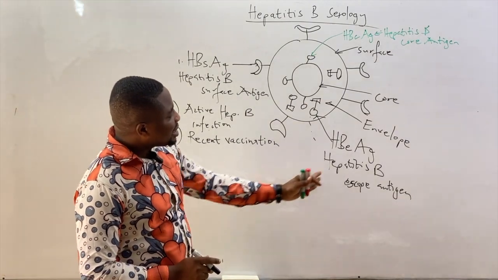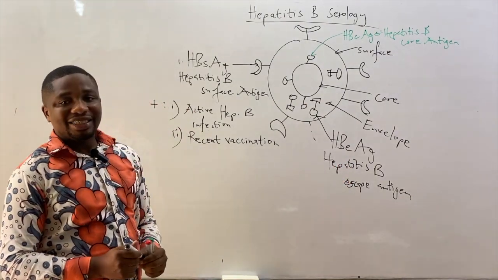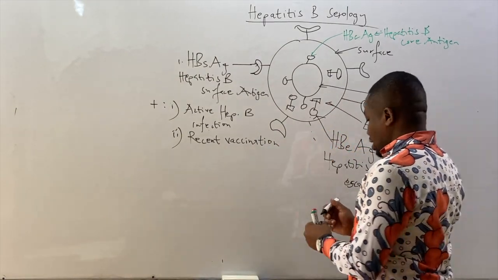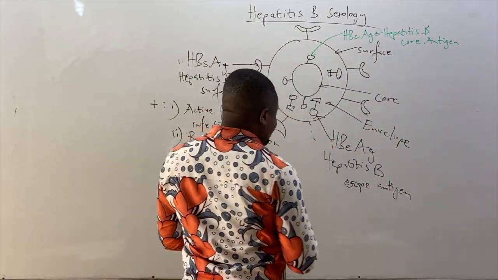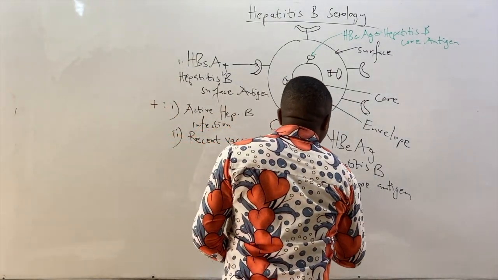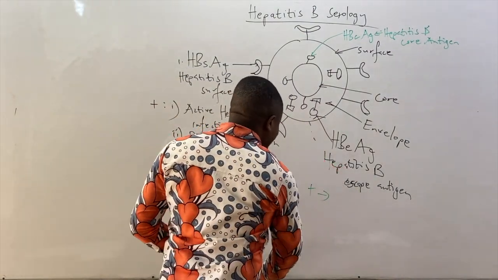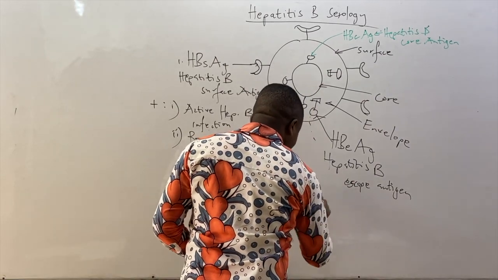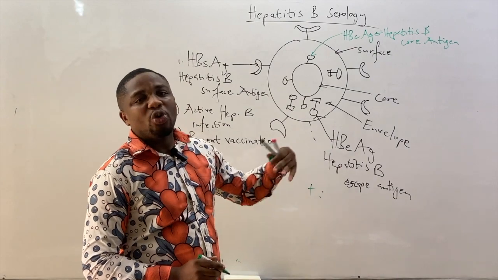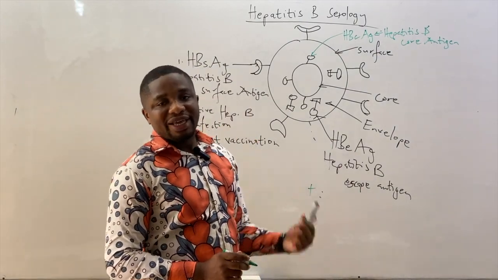Now let's move to the next one, that is hepatitis B e antigen. Should it be positive, it is telling you that the hepatitis B virus is undergoing active replication.